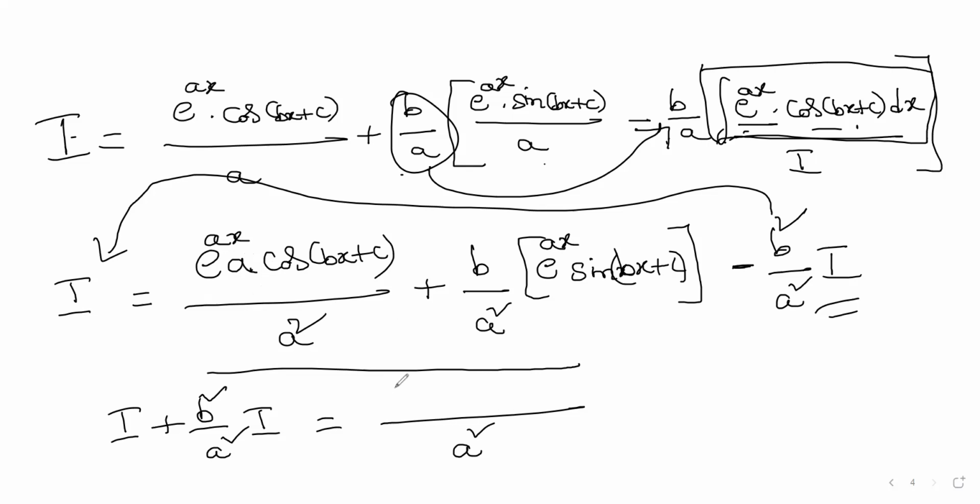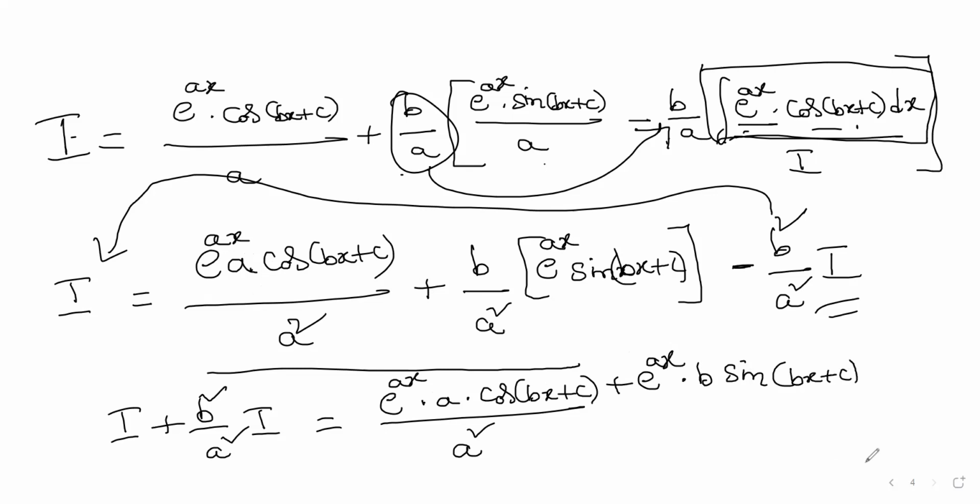So I have finally e power ax into a into cos of bx plus c plus e power ax into b sine bx plus c. Okay, this is what I have.